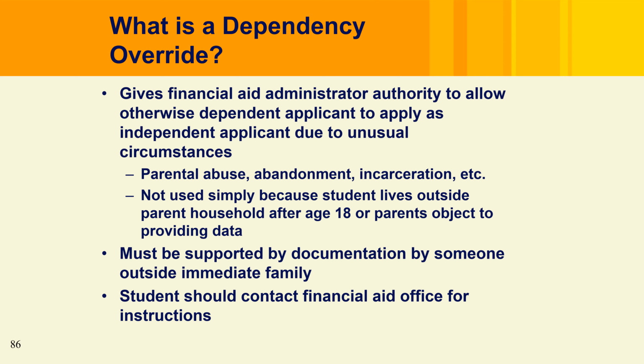So we do have options. It's called dependency override. If you work with your high school counselor or a professional, they will be able to assist you through this process, but you do need to contact the financial aid office at the college you're attending to find out what their instructions are and what kind of documentation you need to provide.